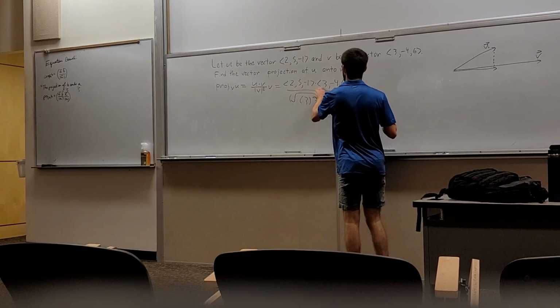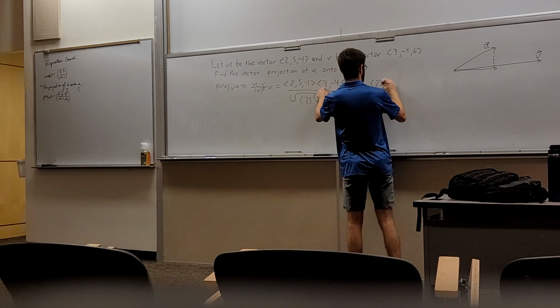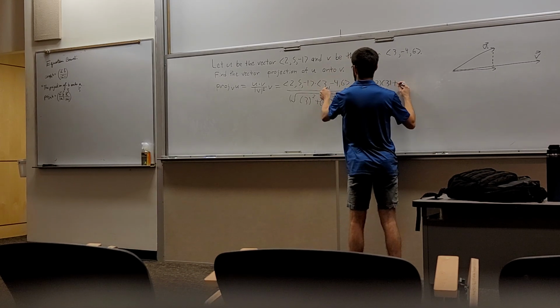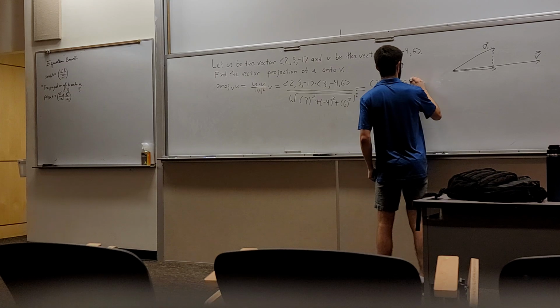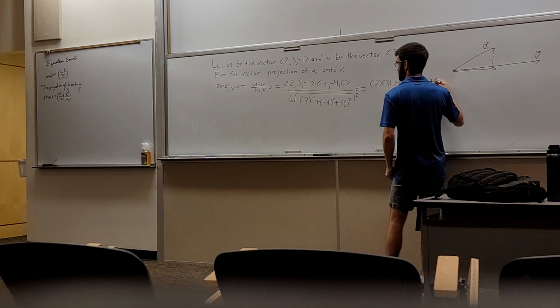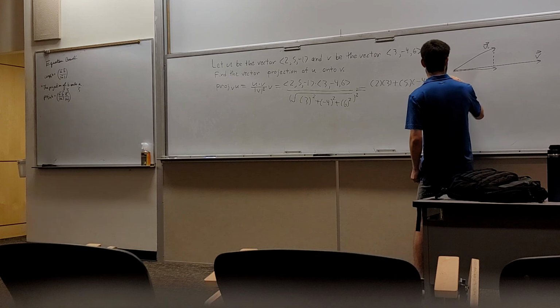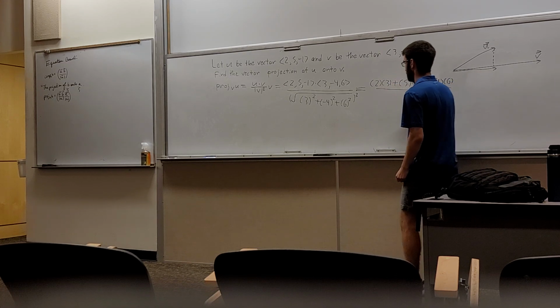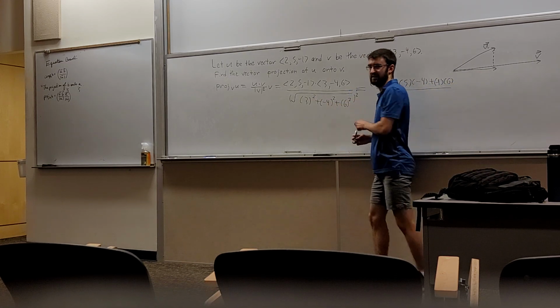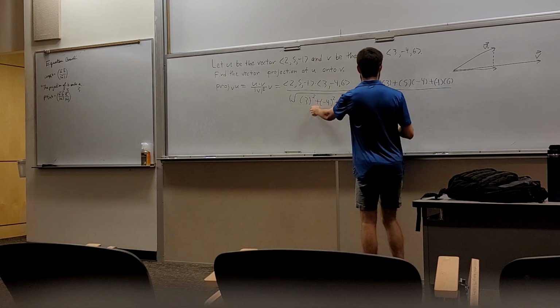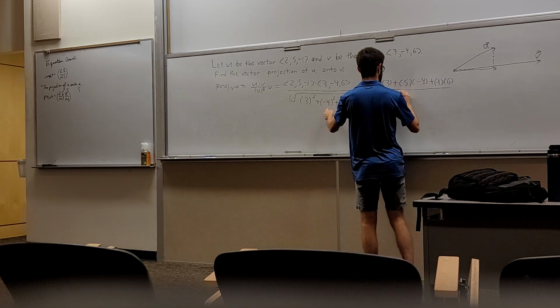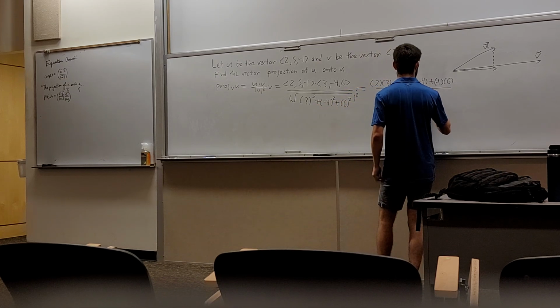So we'll have 2 times 3 plus 5 times minus 4, and then plus minus 1 times 6. So the square root and the square get canceled. So we'll have 3 squared, which is 9, plus 4 squared, which is 16, plus 6 squared, which is 36.